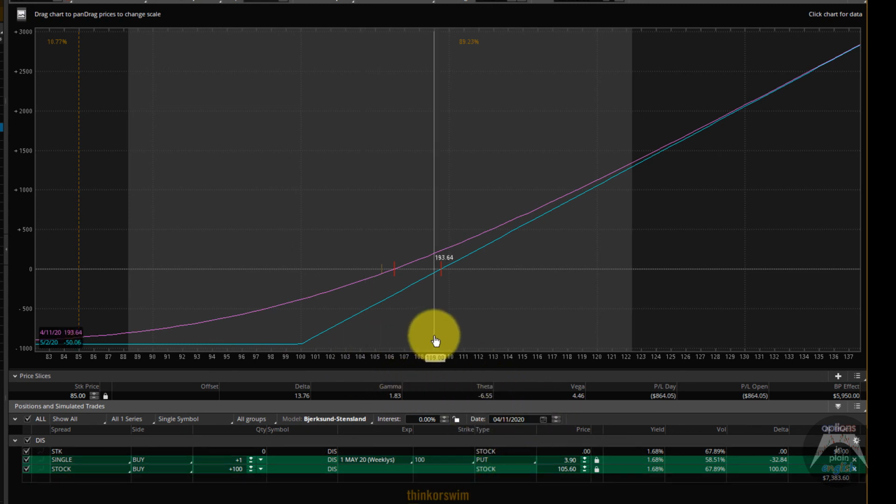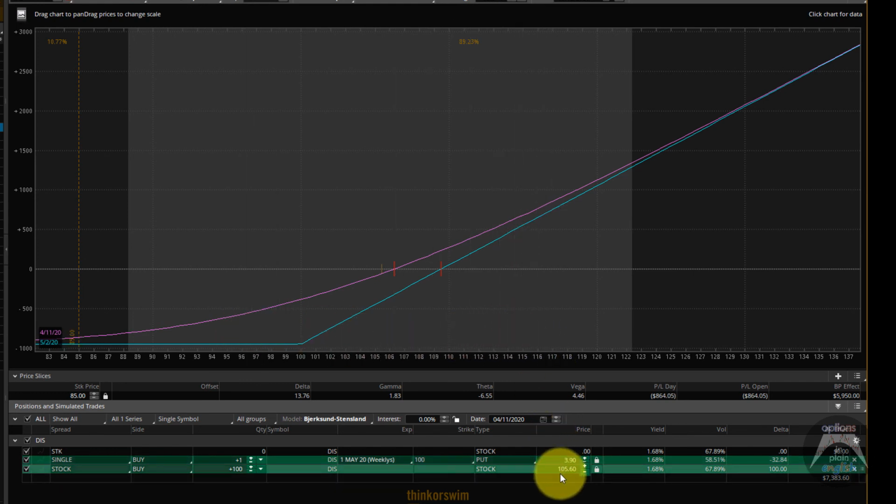Okay, so right now we're at 104.5. So just about here. And as you can see now at expiration, it doesn't matter how low it goes. So our 100 shares are being protected by the put contract that we bought. And of course, we're going to have a max loss of the amount that we paid for.